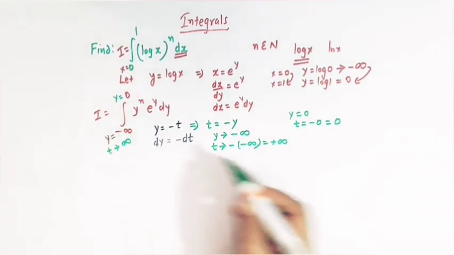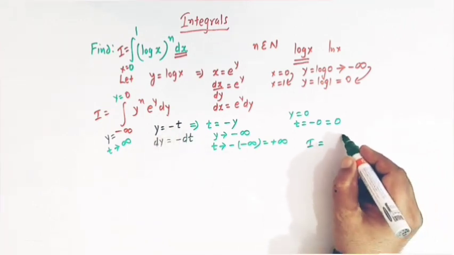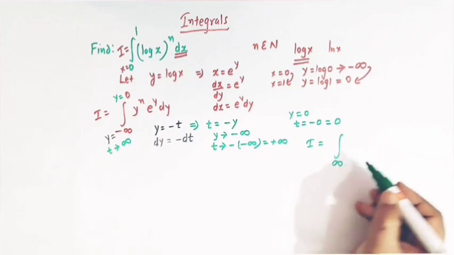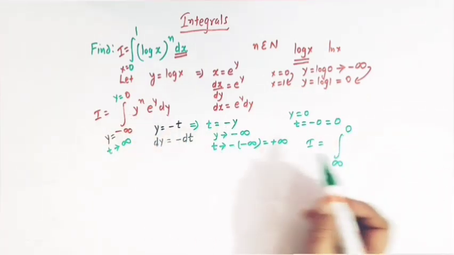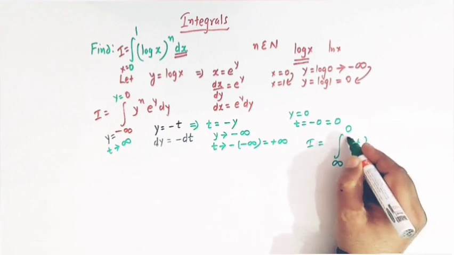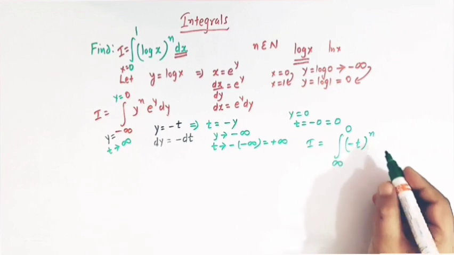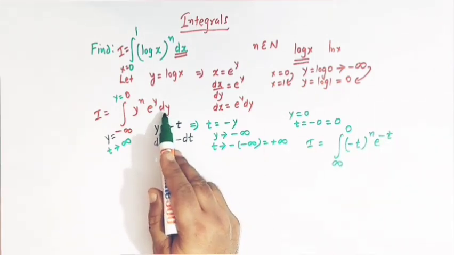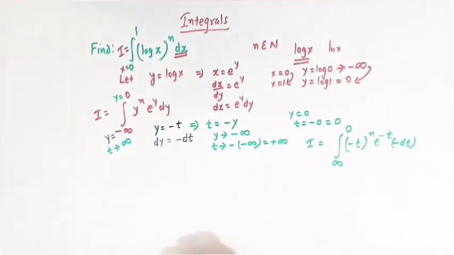So now we can write this integral I in terms of t as the integral from infinity to 0 of (minus t) raised to n times e raised to minus t, and for dy we write minus dt.